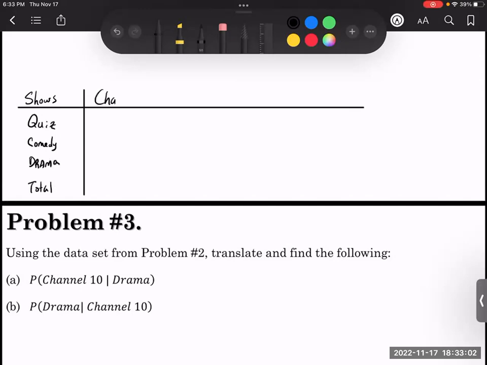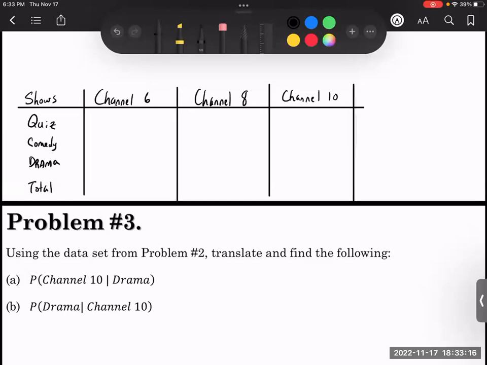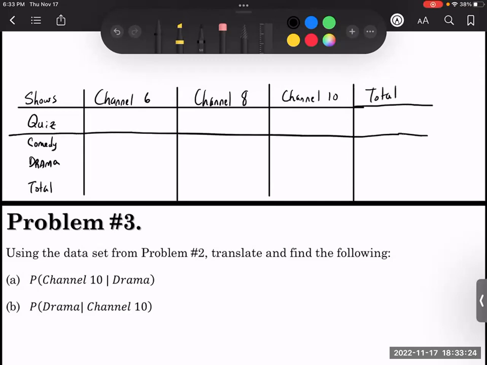We got channel 6, channel 8, and channel 10. Then lastly, of course, we have our totals. All right, so I'm just going to refill in the table so that I won't have to keep going too far back and forth.